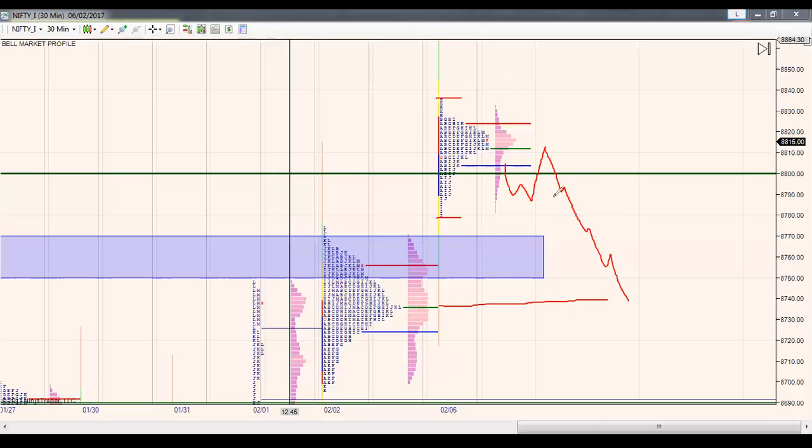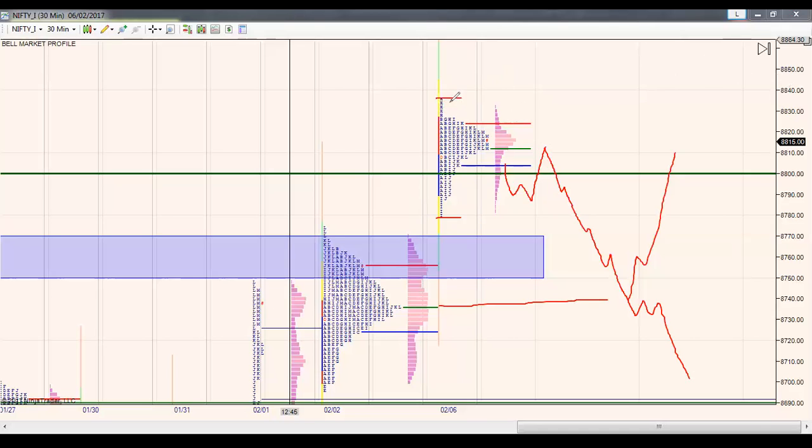And then we'll see if the buyers are just testing the strength of the sellers at this level, and again mark the prices up, or will give up altogether and fall down. I mean, buyers have to take this level out to find any continuation higher.